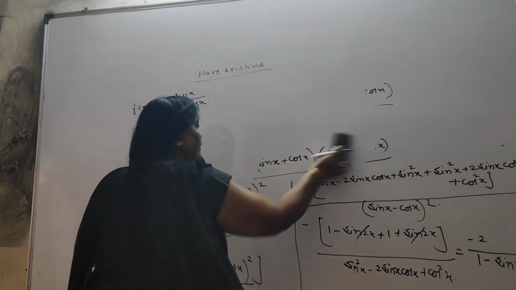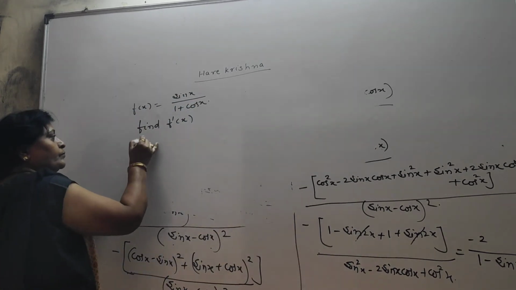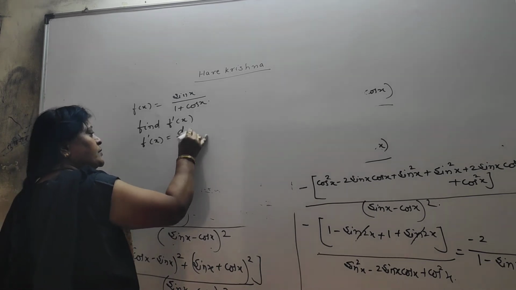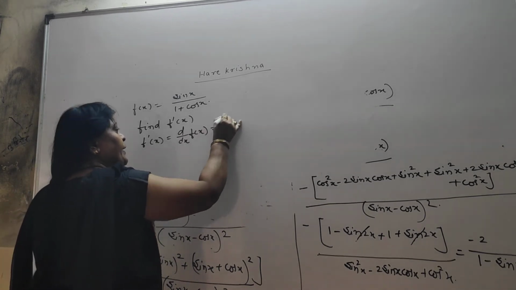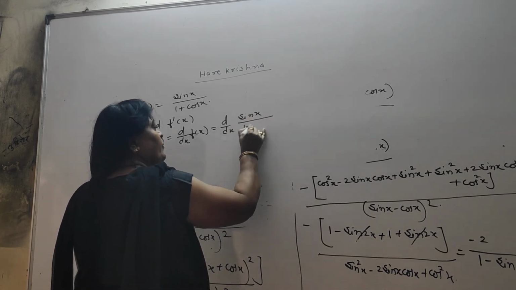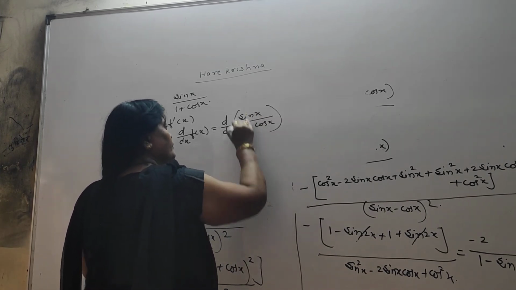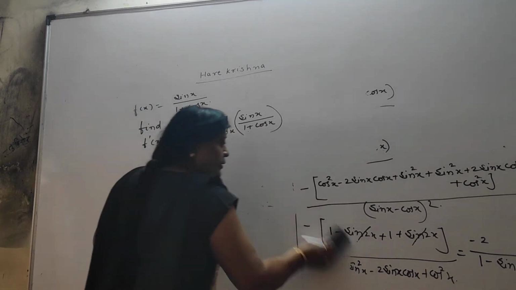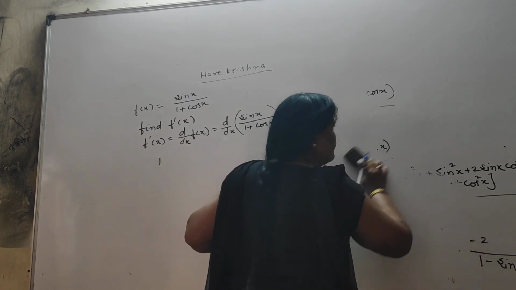Same rule you have to apply here. f dash x means d dx of f of x, d dx of sin x divided by 1 plus cos x. Again, here the denominator remains as it is. Take the derivative of the numerator.